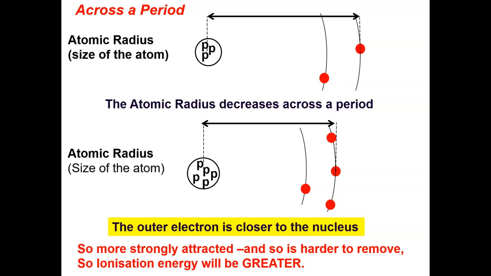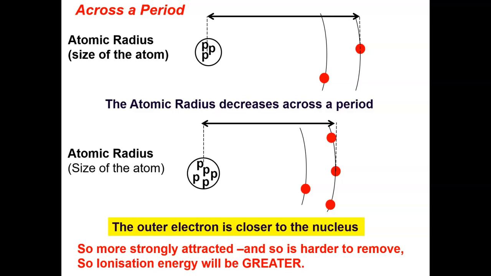You might be surprised to realize that across the same period, for example, neon is actually quite a bit smaller in terms of radius than the first element, sodium, in the same period. That reduction in size is due to the increased nuclear attraction from protons, but the same shielding.